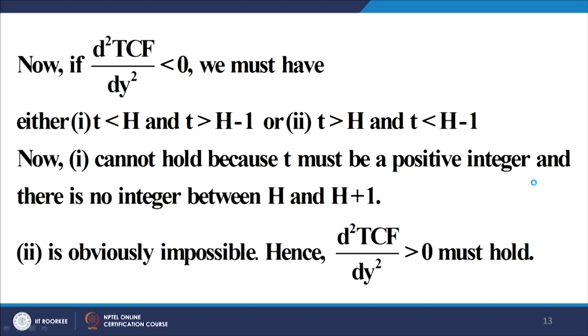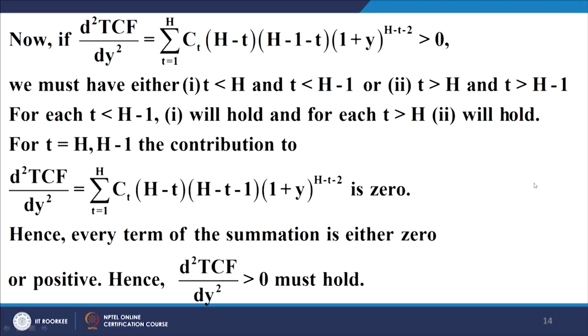It is easy to show that the second derivative of total cash flows with respect to y is positive, and because it is positive, what we have arrived at is a local minimum of the total cash flows with respect to y.